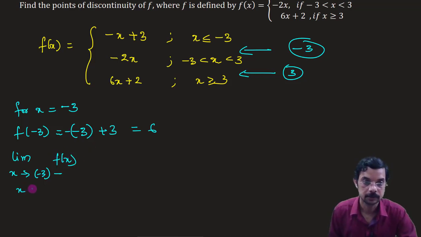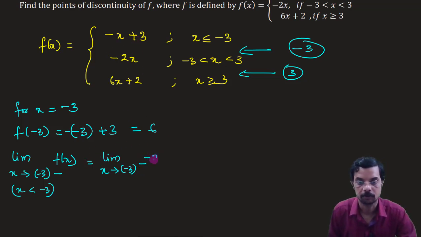Limit x tends to minus 3 from the left, f of x, where x is less than minus 3. That will be equal to the limit x tends to minus 3 from the left, where f of x is defined as minus x plus 3. When you put x equal to minus 3, it will be similar to this one. So it is minus of minus 3 plus 3, that is equal to 6.